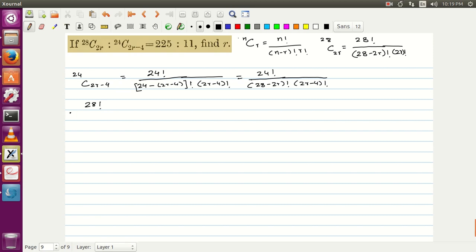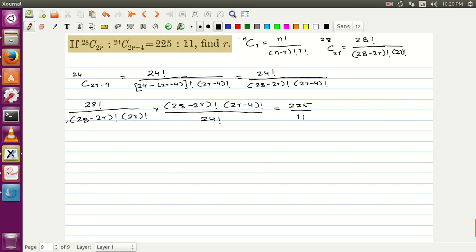So 28 factorial, this is the first number, divided by (28 minus 2r) factorial, and (28 minus 2r) factorial divided by (2r) factorial times, this will be in the numerator, so you have (28 minus 2r) factorial times (2r minus 4) factorial divided by 24. Okay, and this ratio is equal to 225 is to 11.